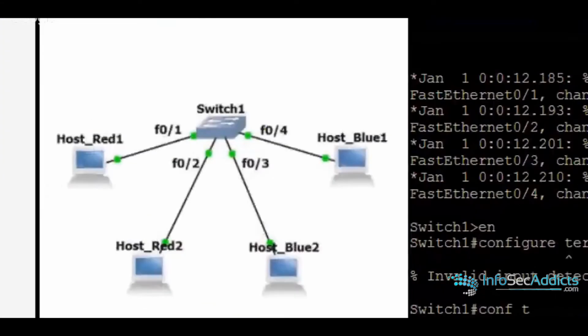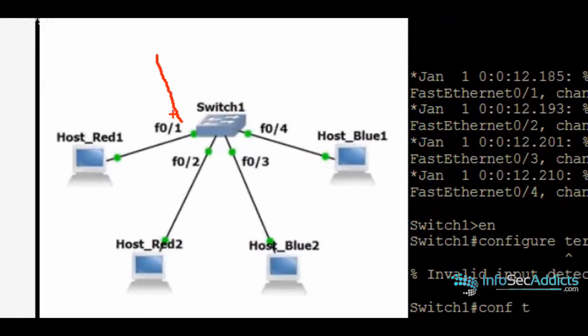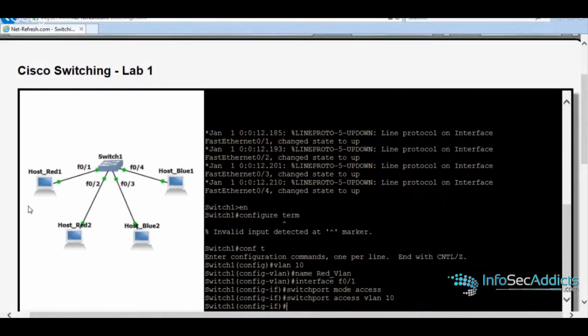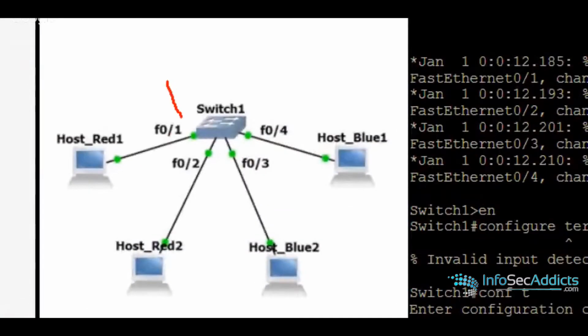So this port right here is an access port. That means a user endpoint is going to be connected to it. So now I'll say switchport access VLAN 10. So now I've assigned this port to be part of VLAN 10.